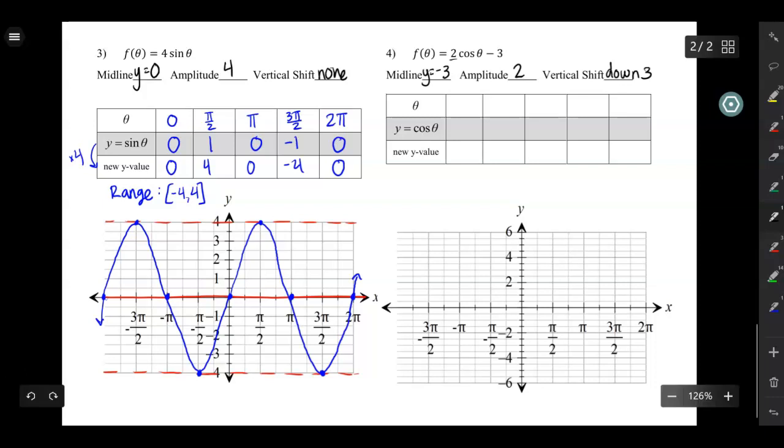So I'm going to go ahead and draw in my midline and my dotted lines that tell me how far up and down my graph can go. So my midline's at -3. And then my amplitude is 2, which means I can go up 2 to -1.